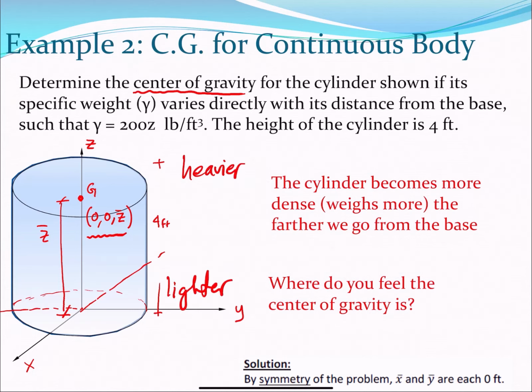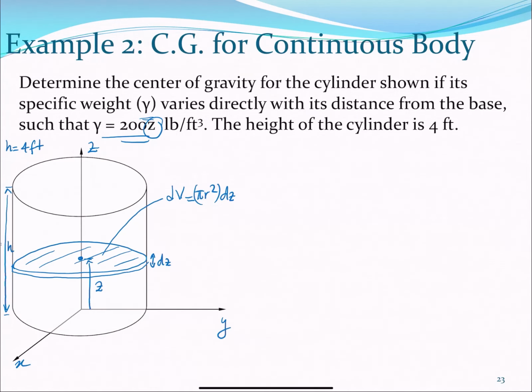Where do you feel the center of gravity is, closer to the base or closer to the top? Well, if it becomes heavier towards the top, the center of gravity should be closer to the top. That's what we envision. If the height is 4 feet, maybe z bar is closer to 3. Who knows? It's more than 2. So a quick check will be that whatever value we get shall be bigger than 2.